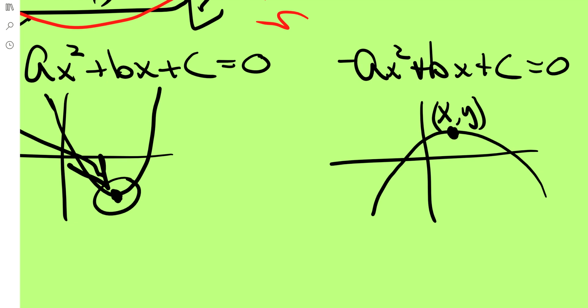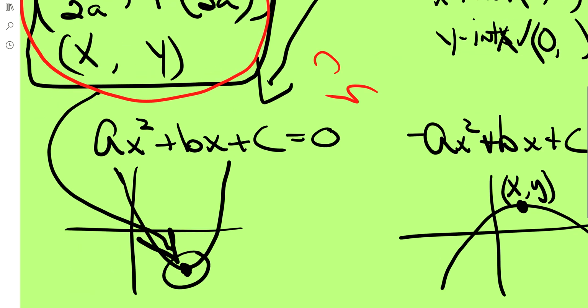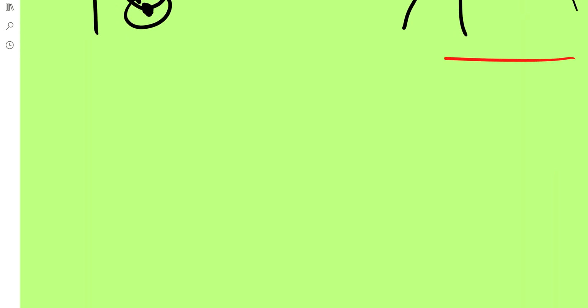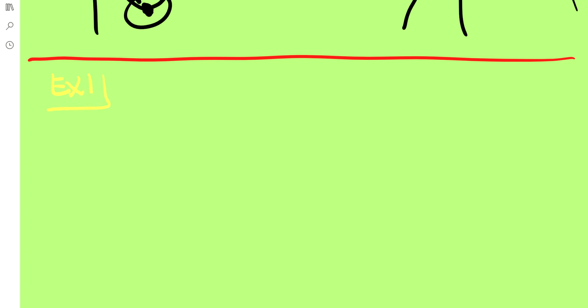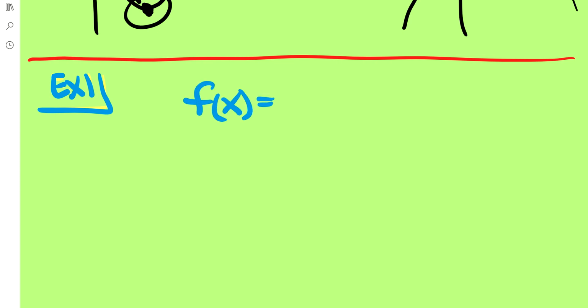All right, let's try an example. The first example is going to be, let's switch it to blue, f of x equals x squared minus 6x plus 5.